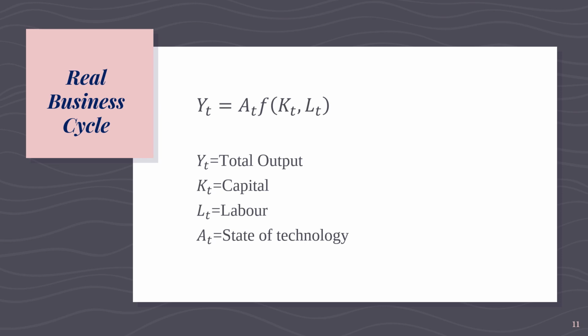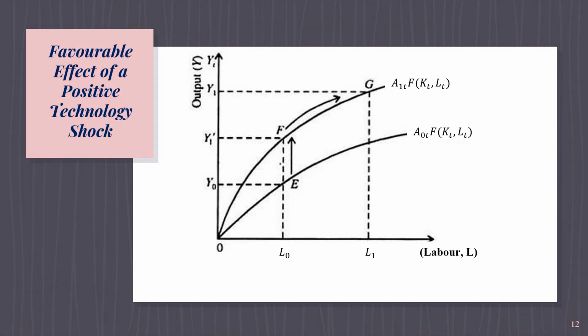Based on these equations, what real business cycle says is that given the amount of capital and labor at time t, output level increases due to a positive technology shock. Now, let's try to understand how a positive technological shock increases the level of total output at time t given the amount of capital and labor at time t.